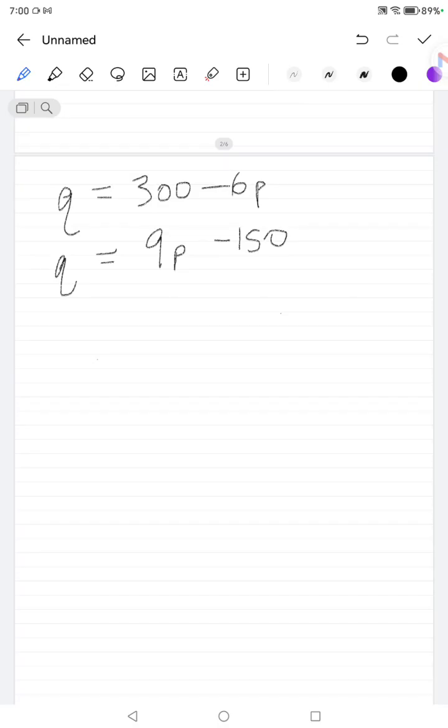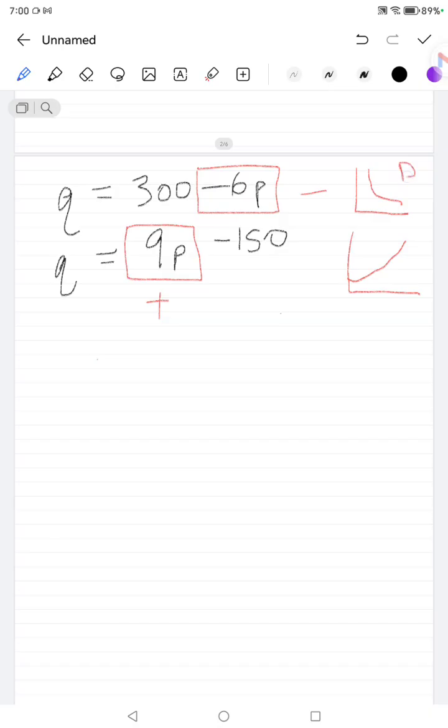On this side we have minus 6p, on this side positive 6p. The one that's negative is going to be the demand, because the graph looks like this. Then this one is going to be the supply, because the graph looks like this. This is your D, then this one will be your supply.